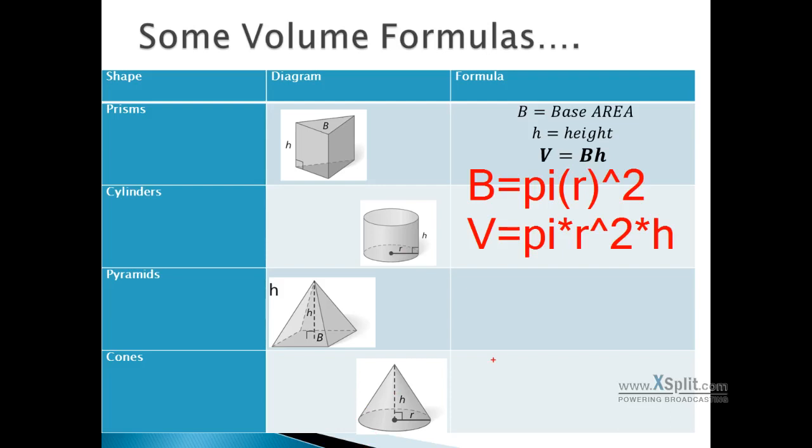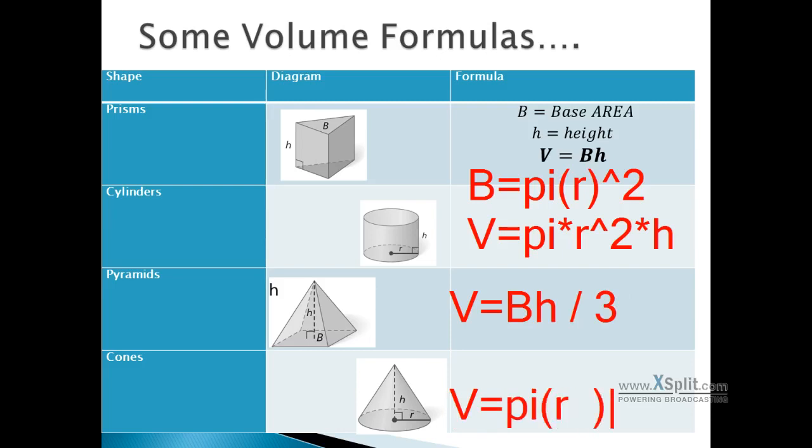Excuse me, did I say 4? I meant 3. There are 3 pyramids to fill a prism, 3 cones to fill a cylinder. So the volume equation is still going to be base times height, and we're going to divide that by 3. Similarly with cones, we're going to do pi times r squared times height, and then just divide that by 3. All right?